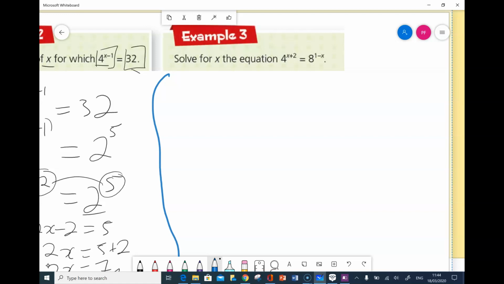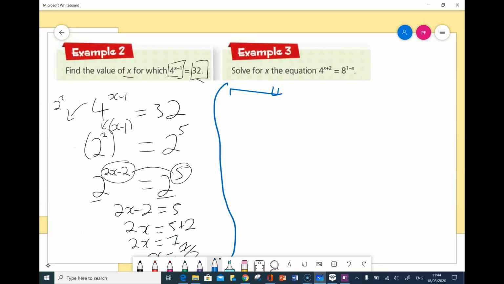Anytime I've got x's up here in the powers, I have to make my base numbers the same. My base numbers are my big numbers in green here. I have to make the 4 and the 8 the same.